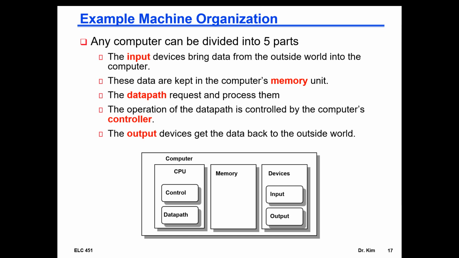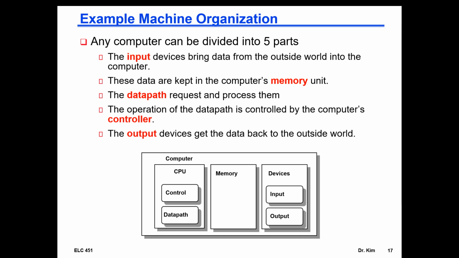Then we have the data path, and the data path is what actually transforms the data under the direction of the program. So the data path is managed by the program, but it acts on the data and produces modified data.